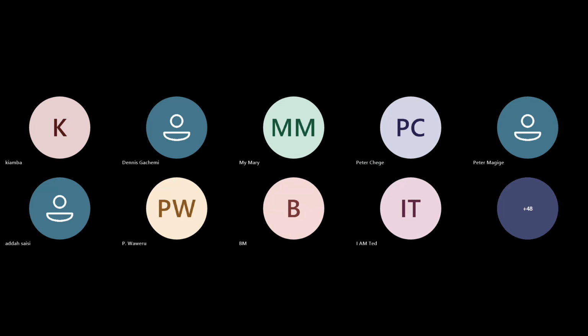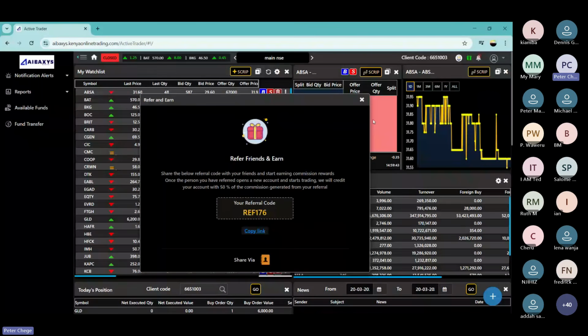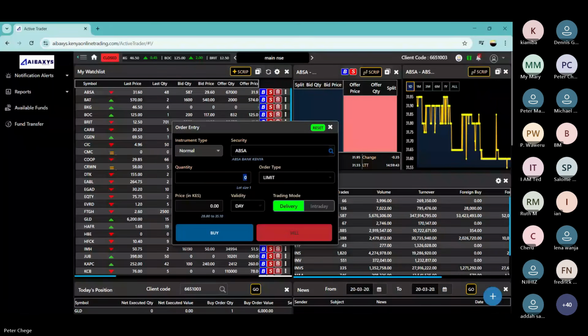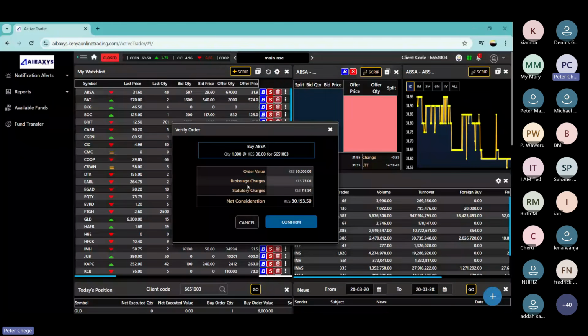Now if I click on the buy button here, and maybe I say I want to buy 1,000 shares of Absa at say 30, I can use a price of 30. Then I click buy. There is this brokerage charge. That's what you pay to the broker. So you as a client are the one paying the broker.